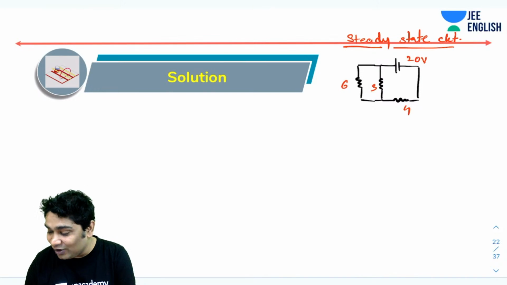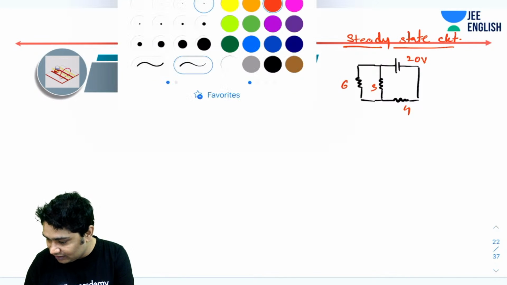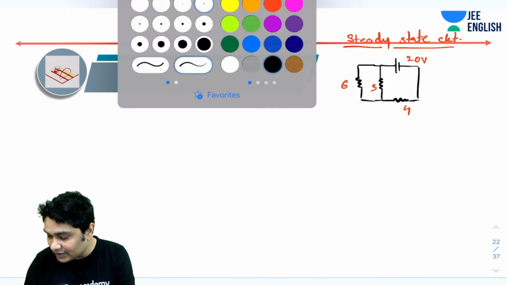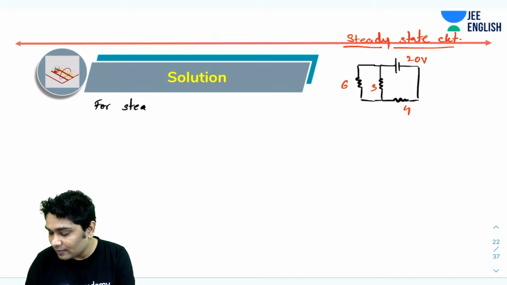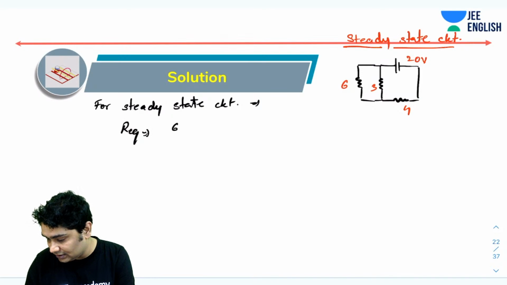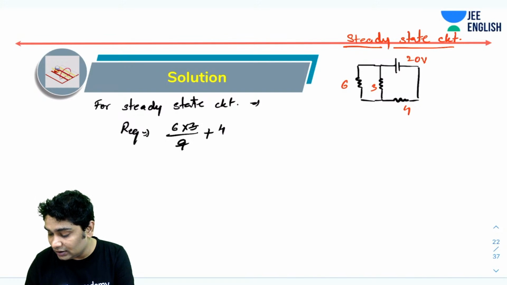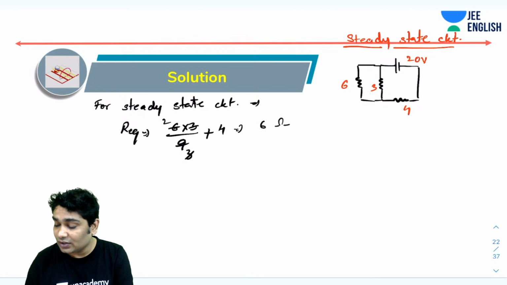So from here, I can find out that R equivalent for steady state circuit, I2 naught I have to find. So let's just find the R equivalent first. R equivalent is 6 into 3 over 9 plus 4. So that is 6 ohms, right?